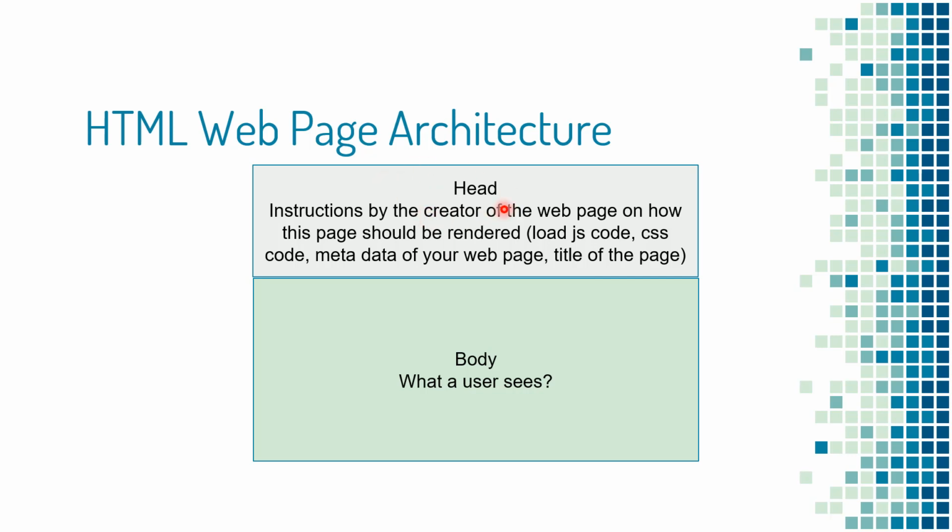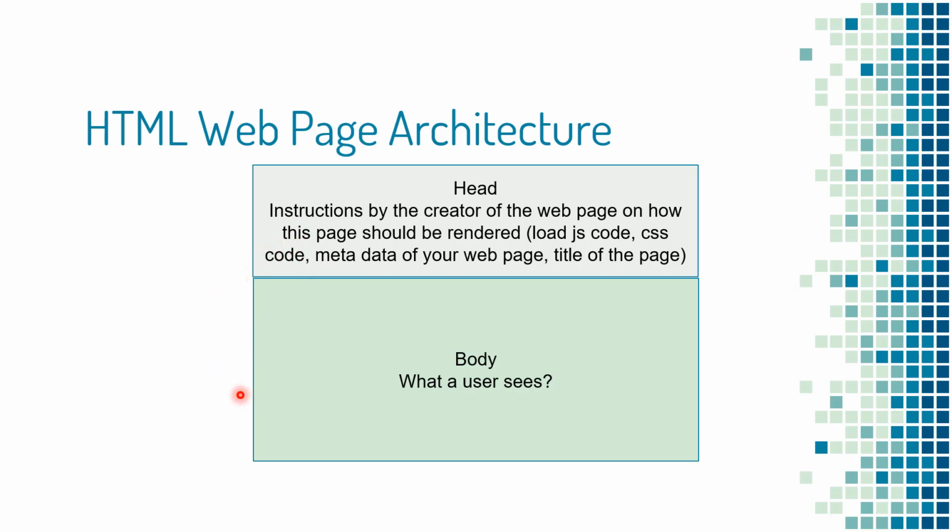We can include all this stuff in the head, because the end user doesn't need to know how the search engine will look into or index your web pages. So the head should contain only the things that the user doesn't see, because anything you put in the head section, the user won't be able to see it.